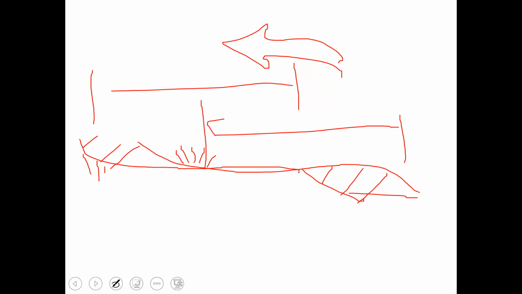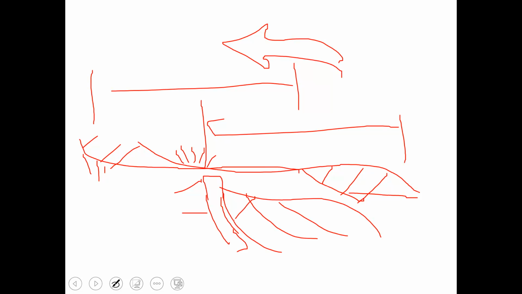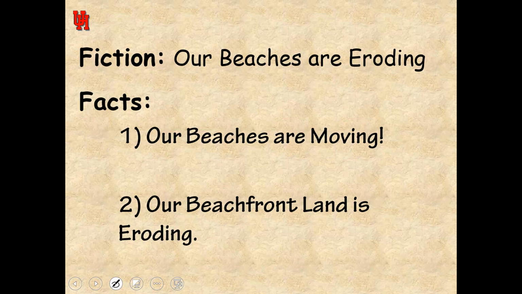We didn't lose the beach. The only way we're actually going to lose the beach is if we set up a seawall here, or something comparable to a seawall, and that beach will eventually erode away. So for most cases, our erosional shorelines are not losing beach. The beach just is moving.